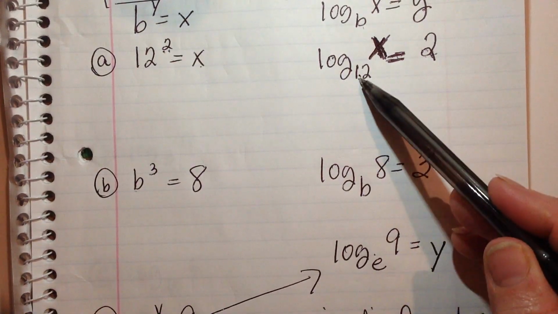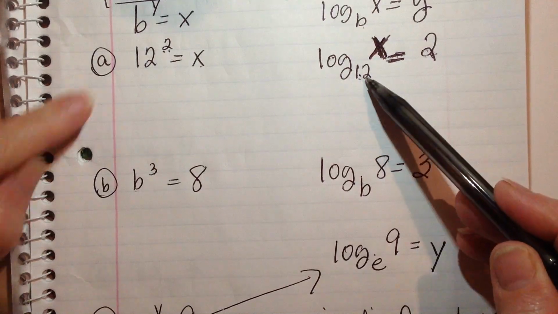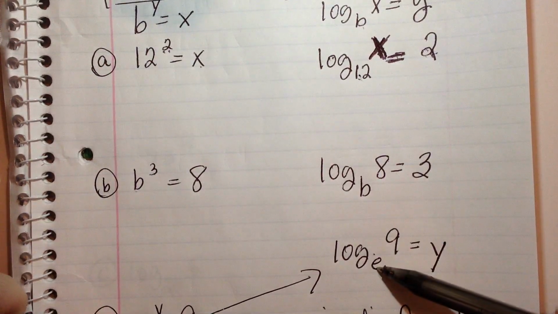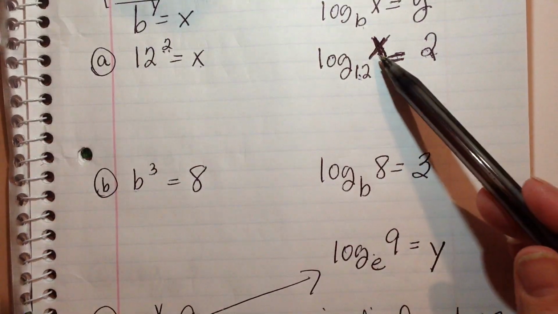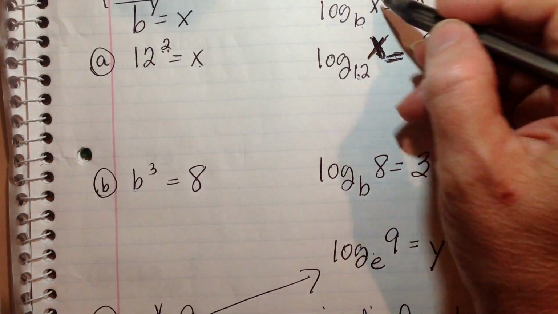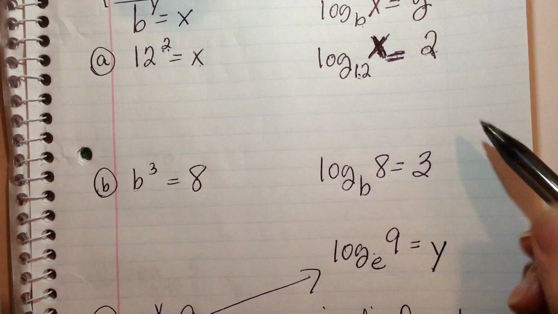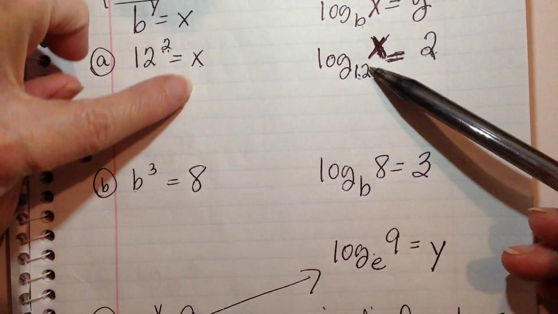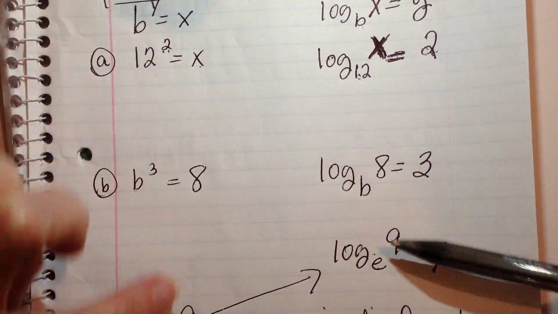Right after the word log, in a lower position, you have the base, 12, b, and e. And then, not as an exponent, just even with the word log, is whatever is on the other side of the equal sign. So you see I have x, 8, and 9.